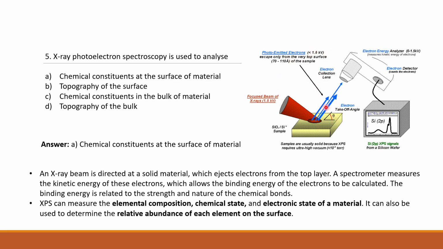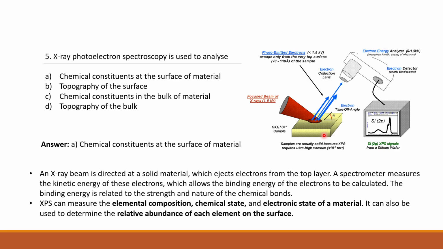And then these ejected electrons will be taken up by this electron collection lens. Here you have an electron energy analyzer measuring the kinetic energy of the electrons. Now you have given it focused X-rays at a particular energy, that is your 1.5 kilovolt energy. This is your standard, your constant for all regions.